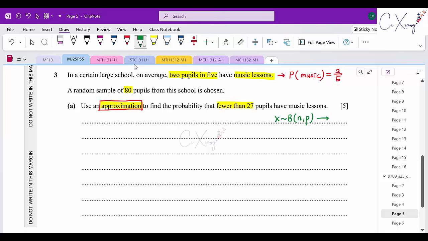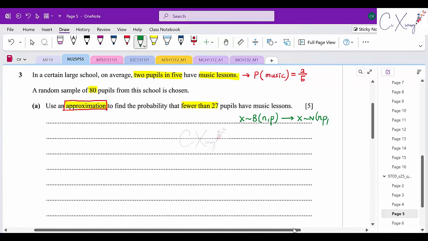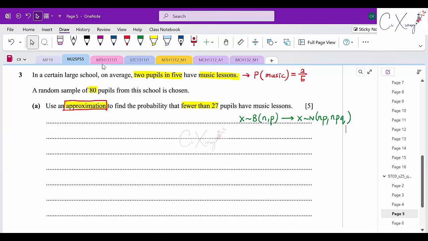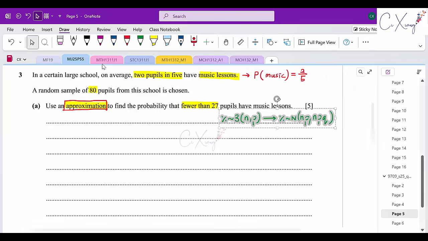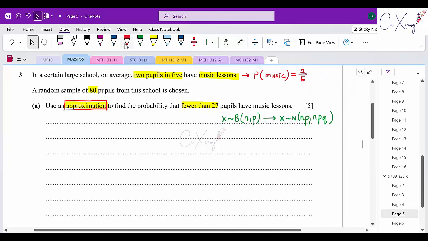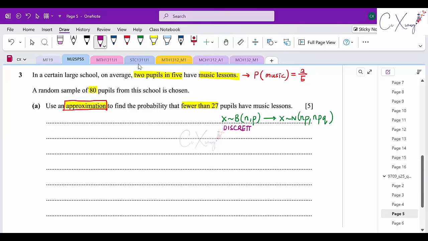Then you change it to normal, where the mean is n times p from the binomial distribution, and the variance is npq. So this is what you need to know when you are changing a binomial to a normal distribution. And besides that, because we know that binomial is a discrete random variable, normal is a continuous random variable.